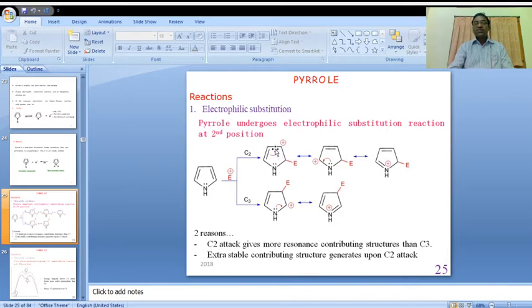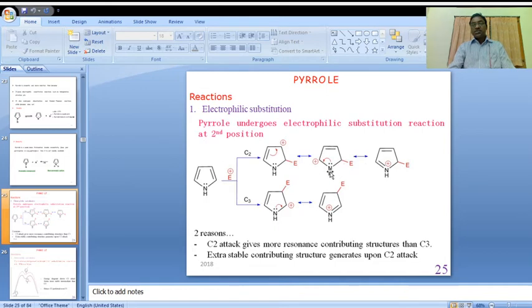From this, we can write another. If this pi bond electron shifts to between C3 and C4, it forms a new pi bond and the C5 carbon gets positive. This is another resonance structure.